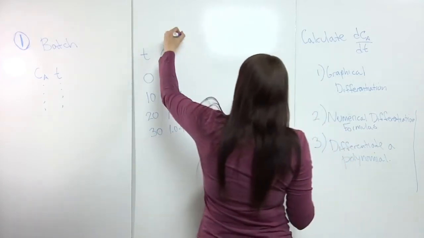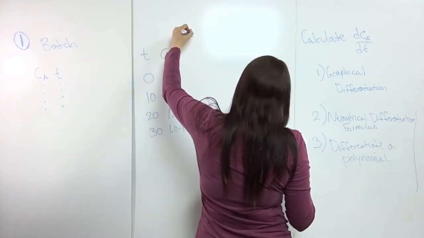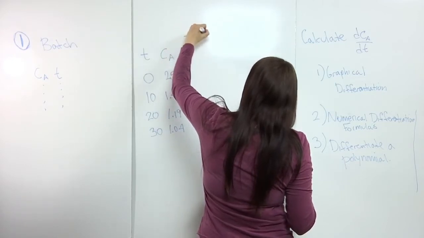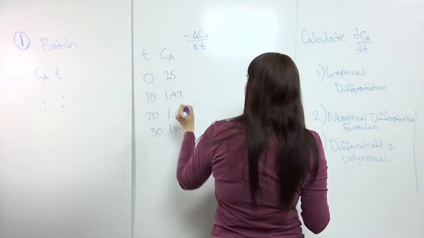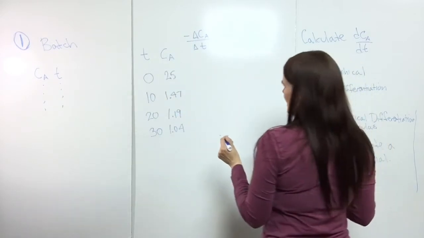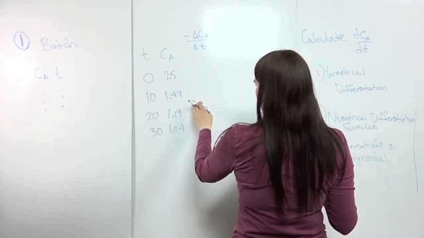So the first step is to calculate delta CA over delta T.